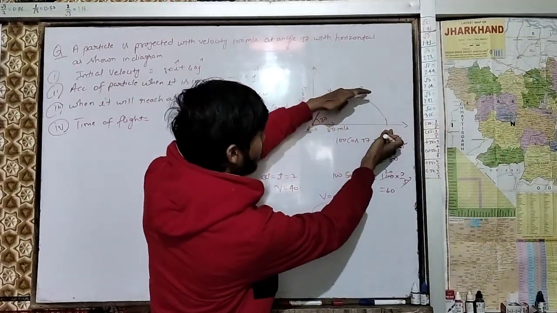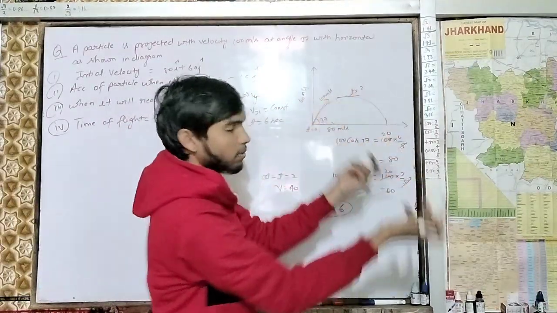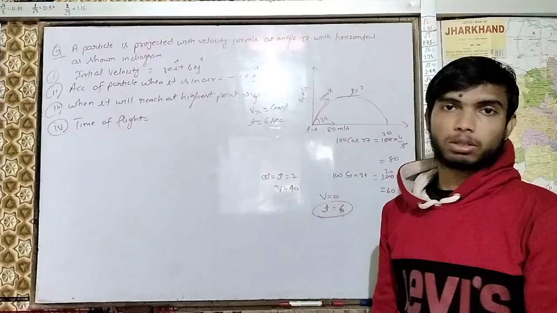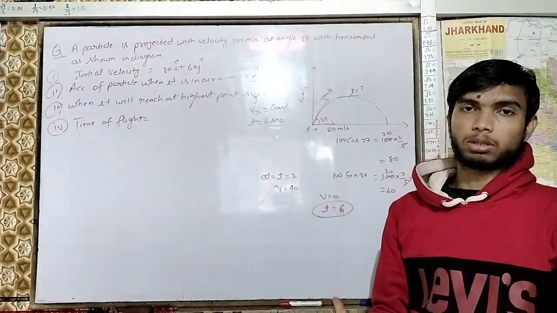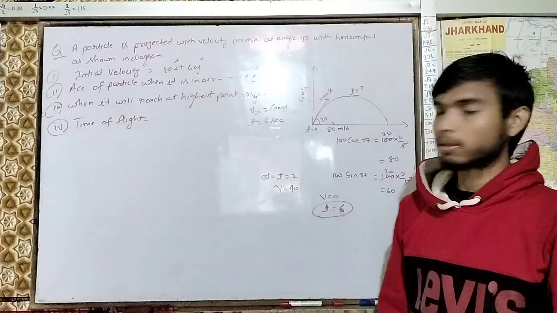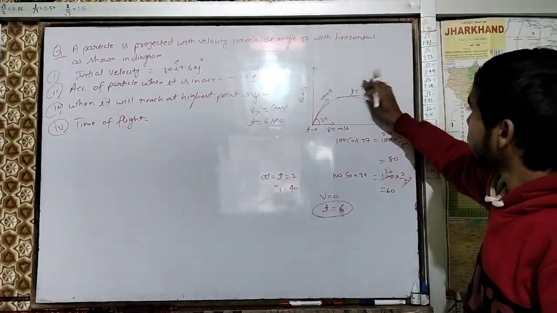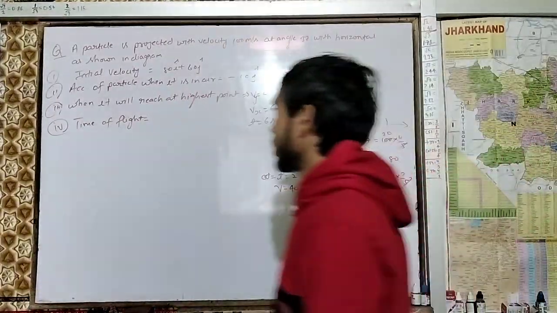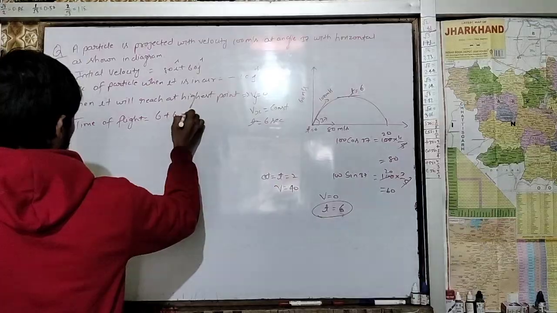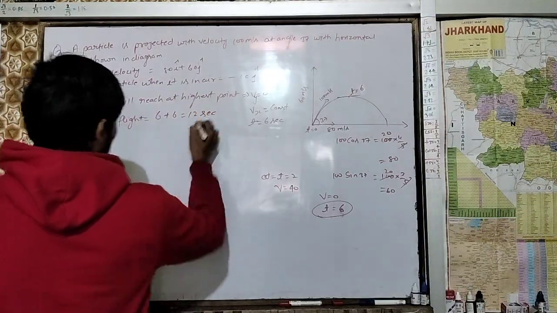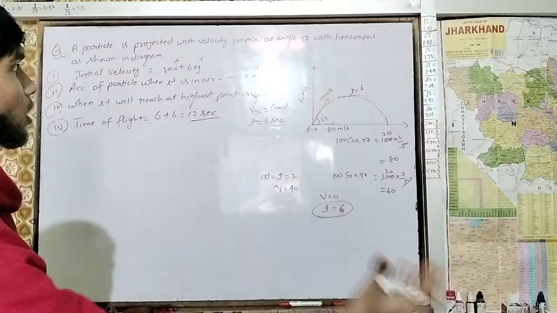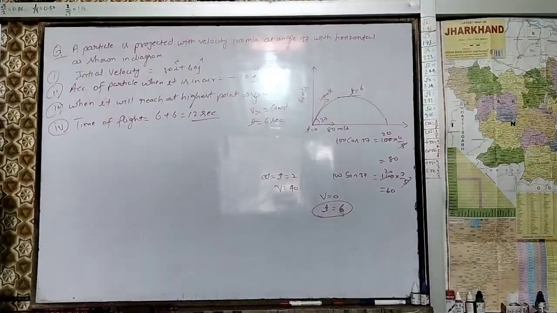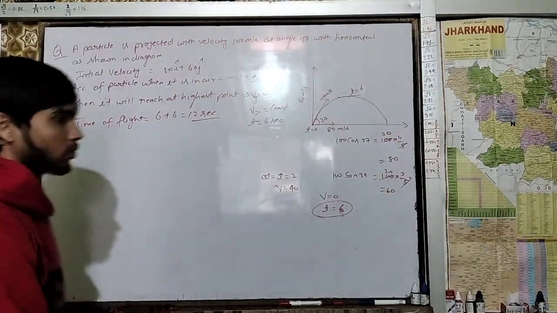This half plus this half is our complete time, the time in which this particle stayed in the air. As we know, from here it is 6, so this is 6 and this is 6. It is the complete time of flight. 6 plus 6, 12 seconds. In this time, this particle stayed in the air.